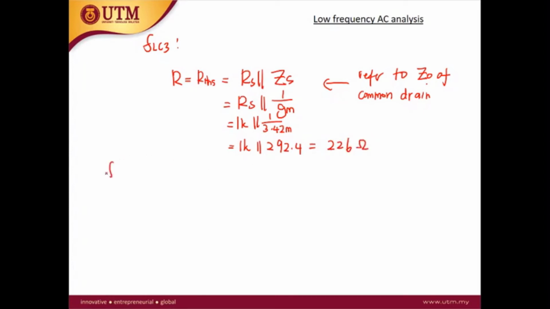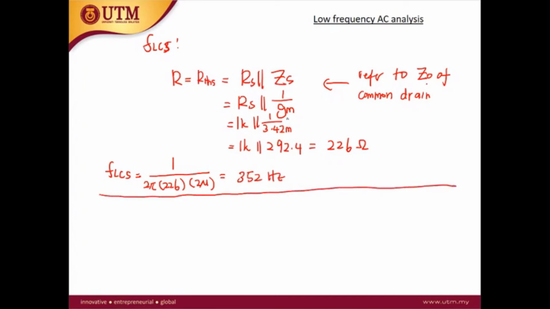At the end, the FLCS. So this is CS, not CT. CS is equal to 1 over 2 pi times the resistance, 226, and the CS value is 2 microfarad. The value is 352 Hertz.